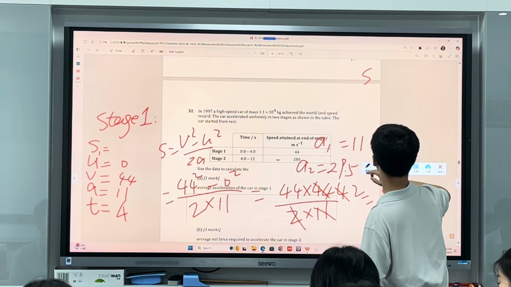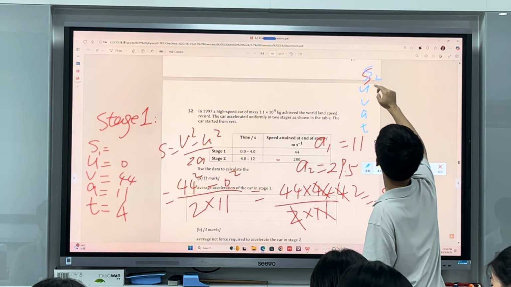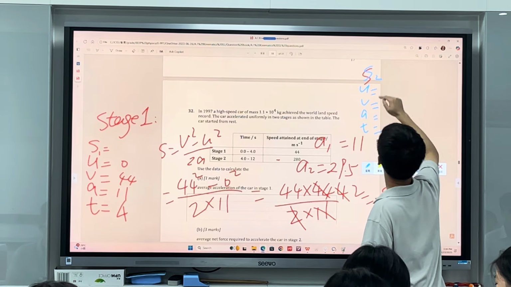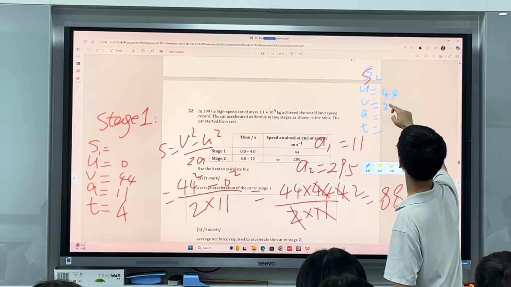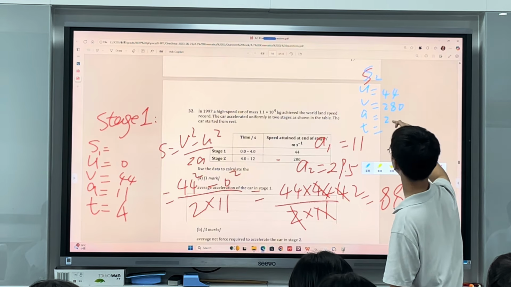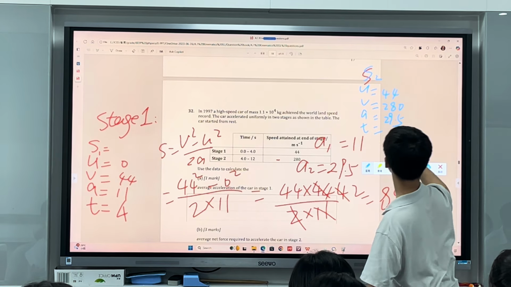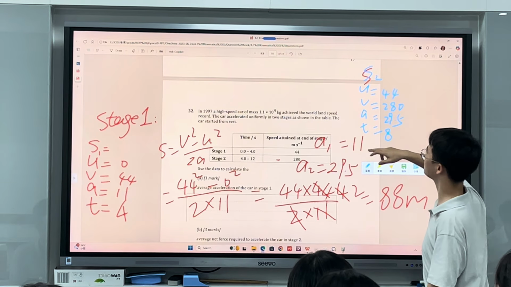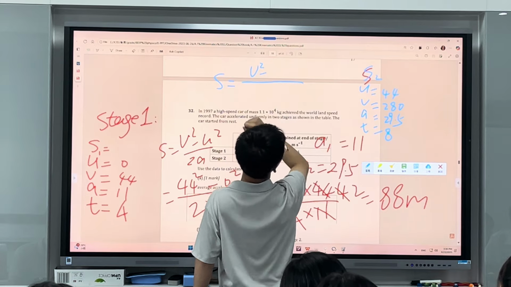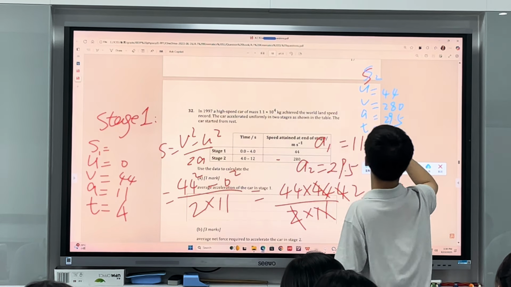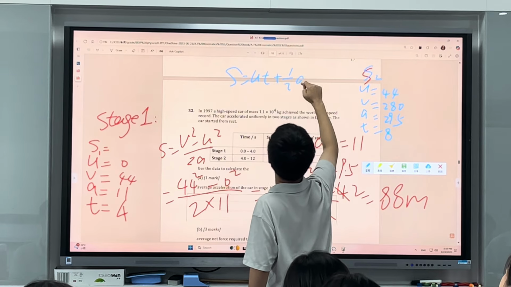Second stage, again you apply SUVAT. SUVAT S2. So U is 44. Final is 280. A is 29.5. Time is 8. So again, use the 最简单的...那我就用 s equal to ut plus 1/2 at square.